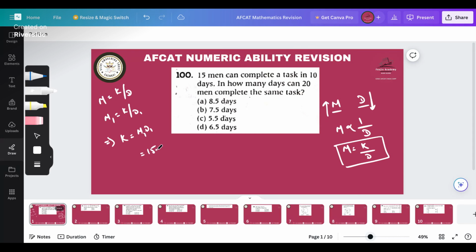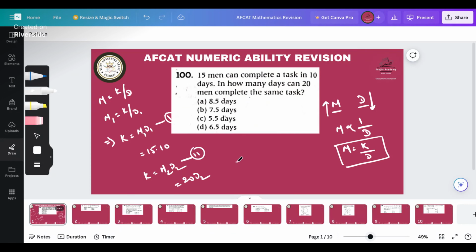M1 is 15, D1 is 10, right? Similarly, we could have written K is equal to M2 D2, which is men 20, and D2 we don't know, just write it as D2. Over here it's equation 1, over here it's equation 2.